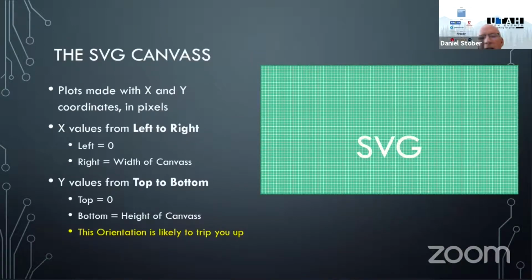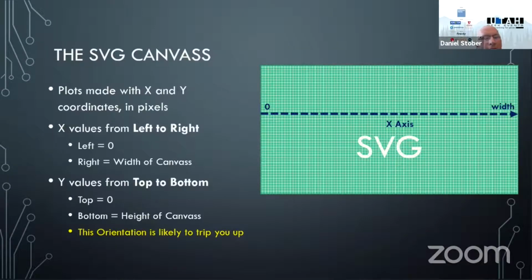So let's get started now by talking a little bit about how SVG works. Essentially, you're going to create a canvas, and then we're going to plot our shapes onto that canvas. And so the plots are made using X and Y coordinates. And the X values go from left to right, from 0 up into the width of the canvas.